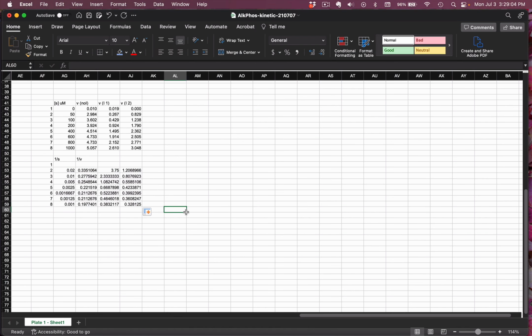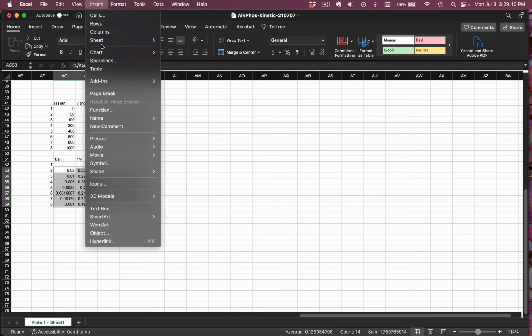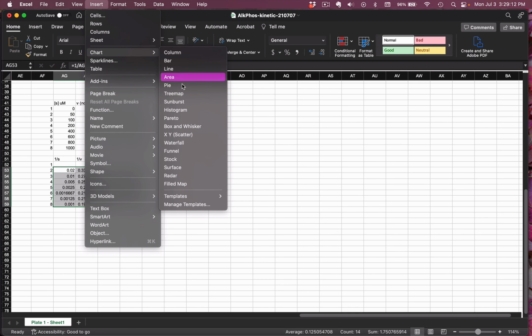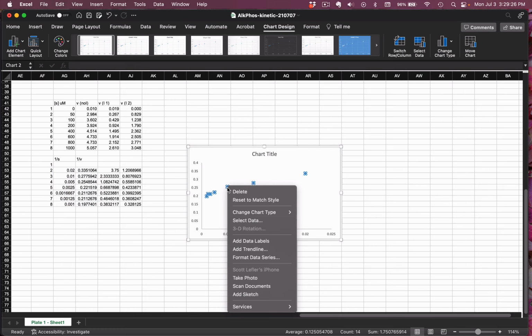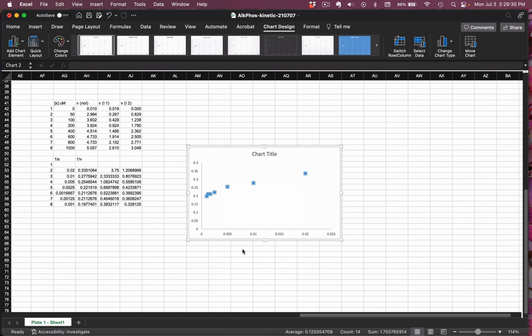Now select this, insert chart. We'll go to XY scatter, and we've got a line there. I'm going to get rid of these grid lines. Excel really likes grid lines for some reason. Then we're going to add a trend line, and we want to make sure it's linear.